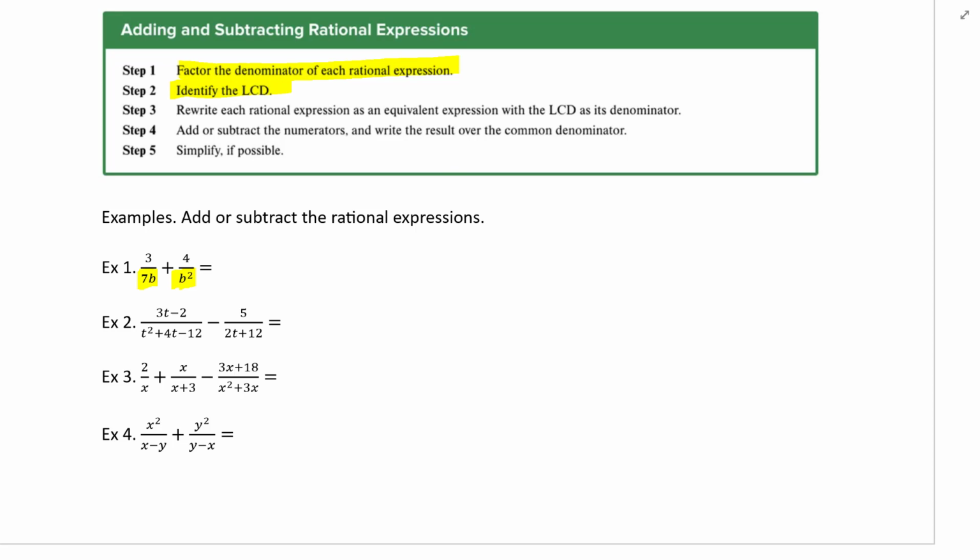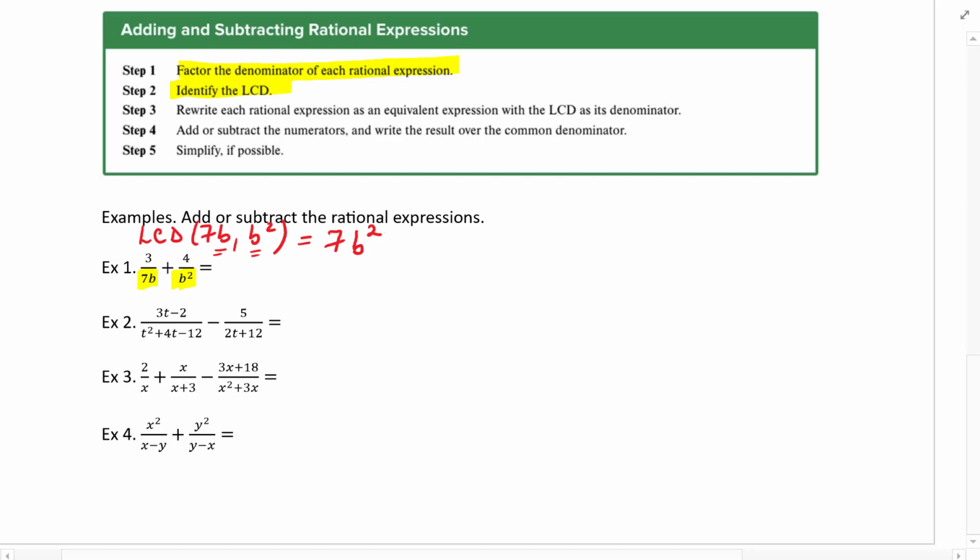So the LCD, let's write it here. LCD of 7b and b squared, well, it's all the factors, so it's 7 and b, but between b to the first and b to the second, we copy the highest one, so it's 7b squared.